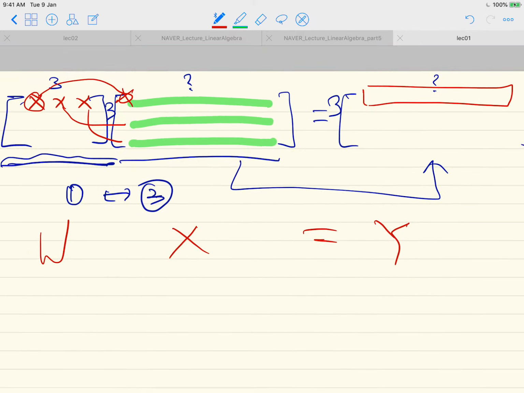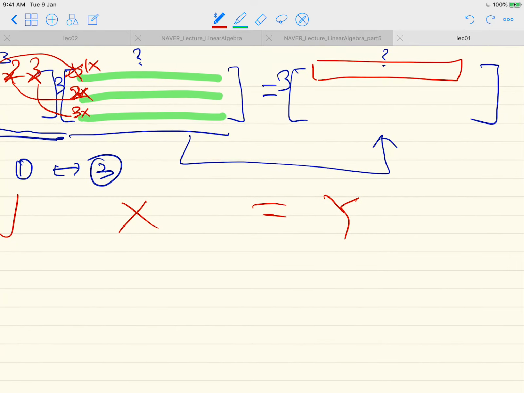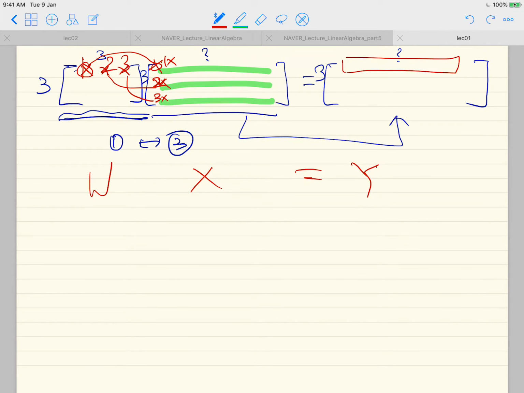So if it is like 1, 2, 3, we multiply the rows by 1, 2, and 3 and add them together to produce a single row vector. Then 4, 5, 6 is applied in the same way, and that produces the second row. So this is the row combination perspective of matrix multiplication.